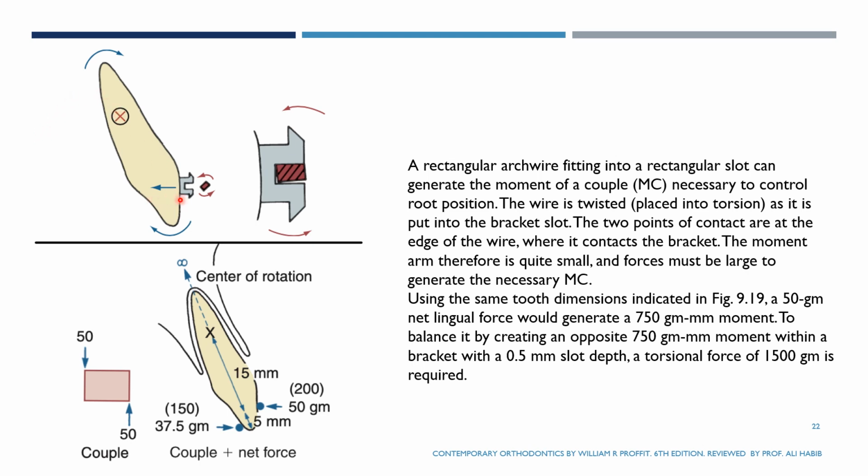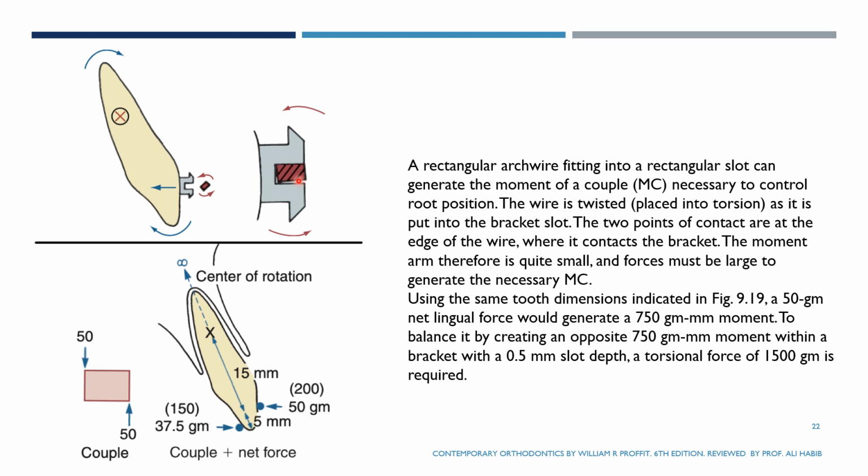But if we apply rectangular wire inside, the minute the tooth starts to tip lingually, a couple will be generated inside the bracket that will resist the tipping this way.